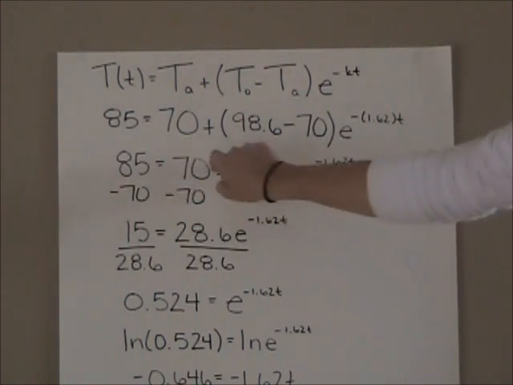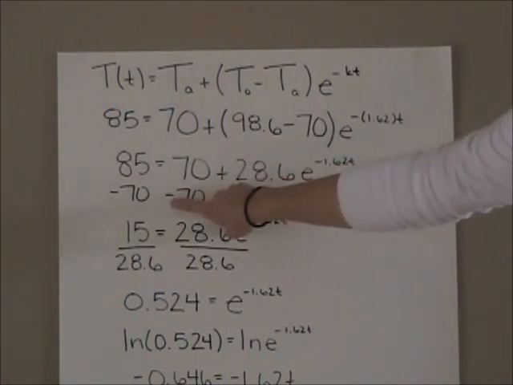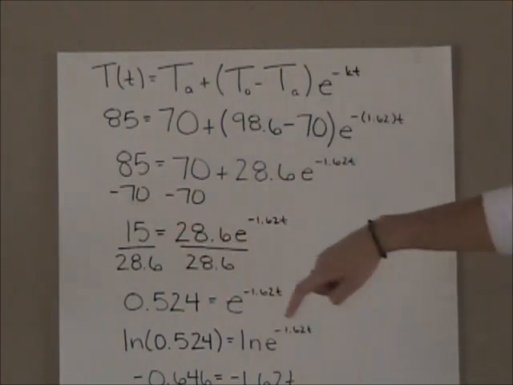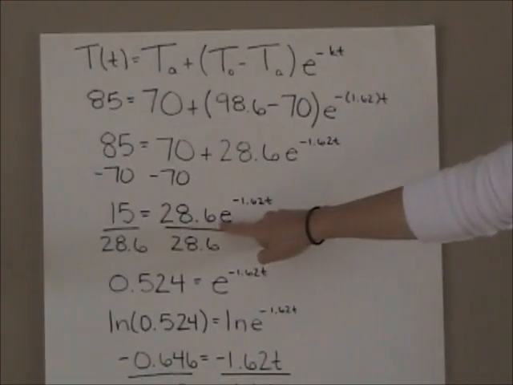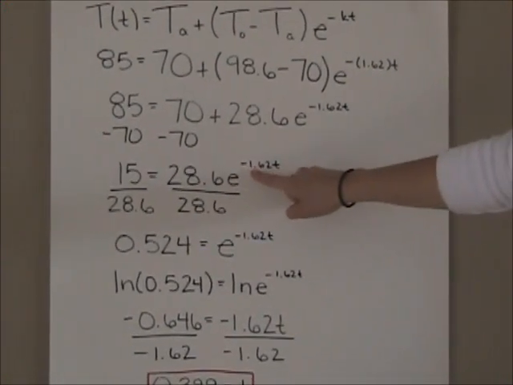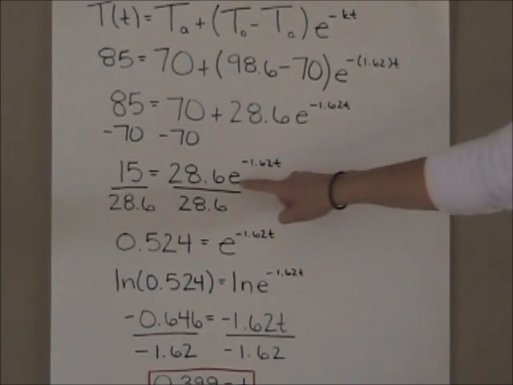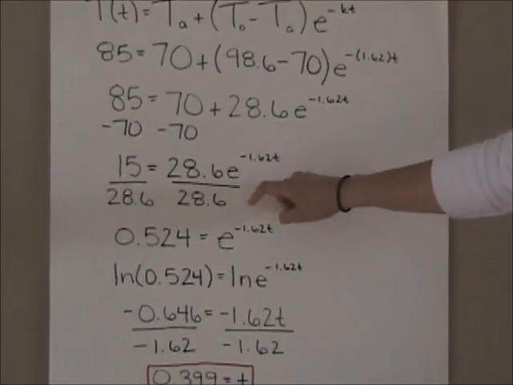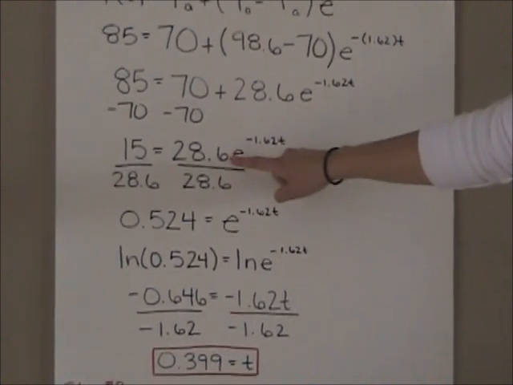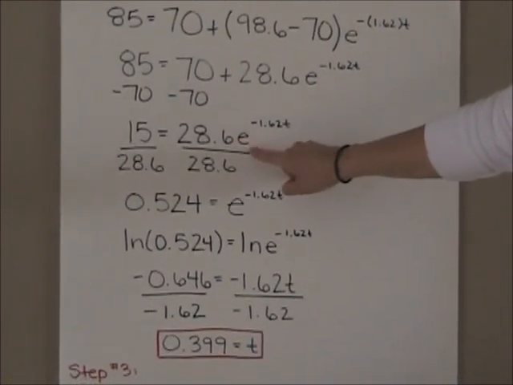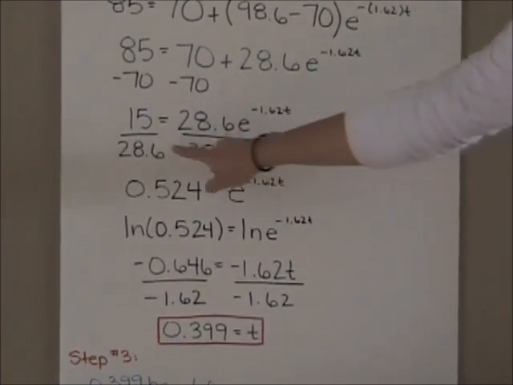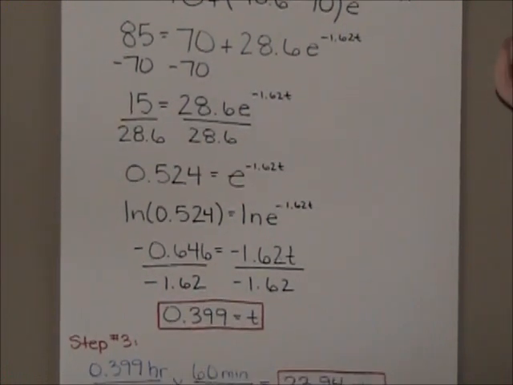Then we have to get rid of the 70, so we're going to subtract it on both sides. We get 15 equals 28.6e to the negative 1.62t. Then we have to get rid of this 28.6, and remember it's almost like it's times the e, so we have to divide to get rid of it. 28.6 divided by 28.6 on both sides.